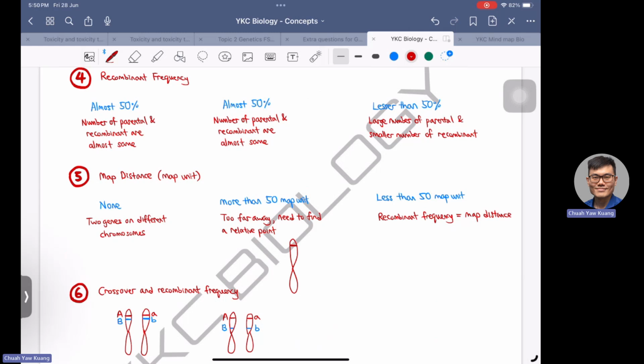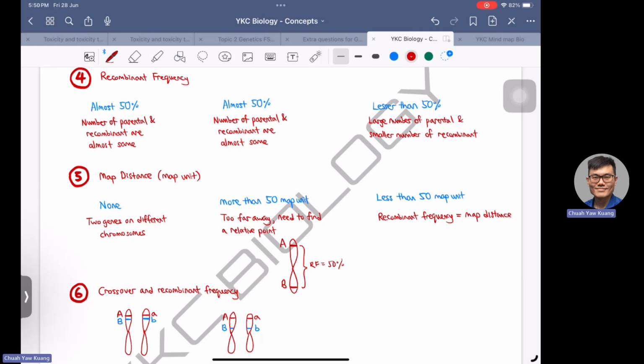If, let's say, they tell you that for gene A and gene B the recombinant frequency equals 50%, or 49.9%, or 50.1%, then what is the map distance between gene A and B? You cannot directly write 50. You have to be alert for this one because they are too far away. So you need to find a relative point.